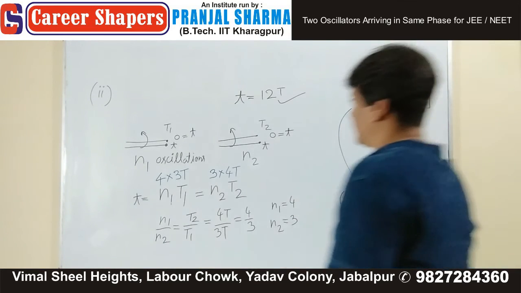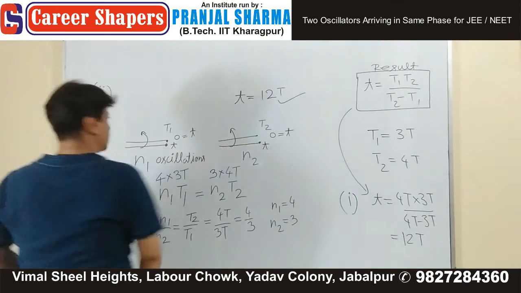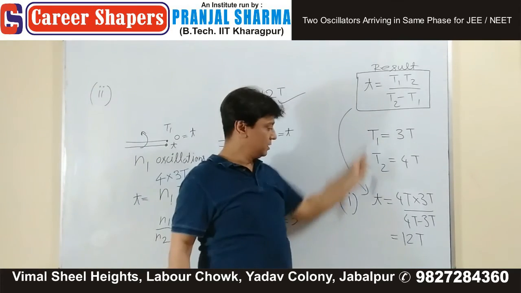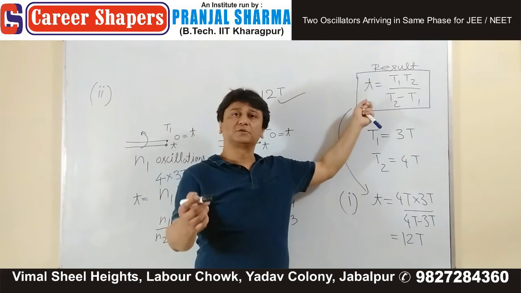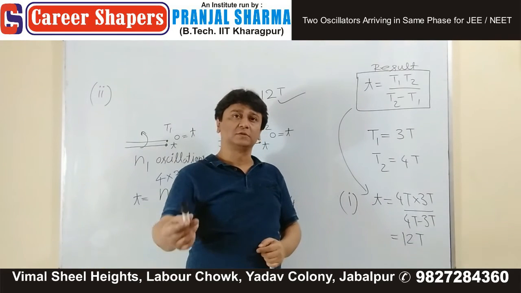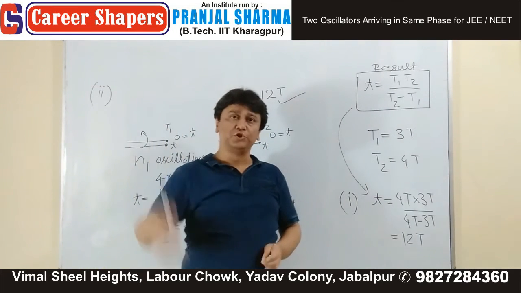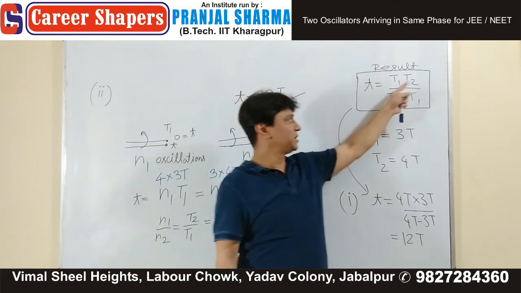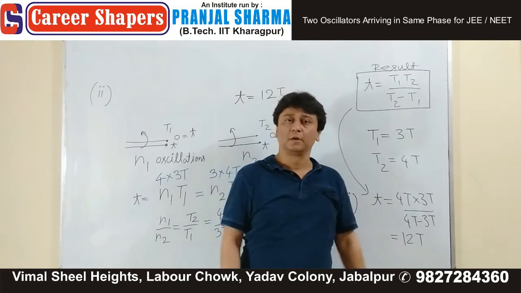Let's see how active you are. We've got a result for the first profile. If they ask us when they are in same phase, wherever that position be, the answer is T1 T2 upon T2 minus T1.